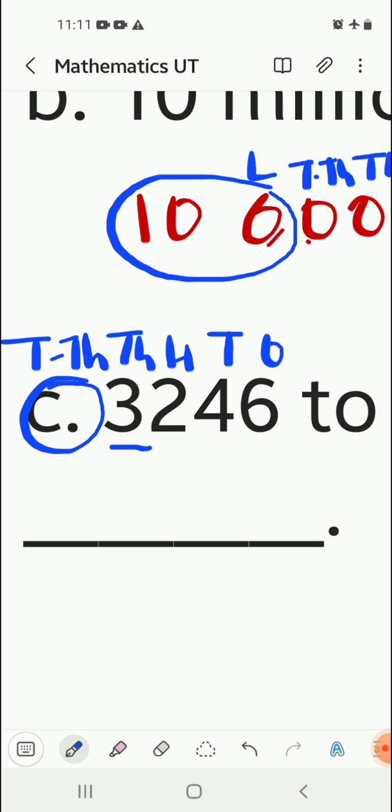This is less than 5. Which means whatever will be there in the 10,000s place, here in this case there is nothing, will be added to it. In that case, because we have got 3, 2, 4, 6, all these will turn to zeros. So my answer will be 0.